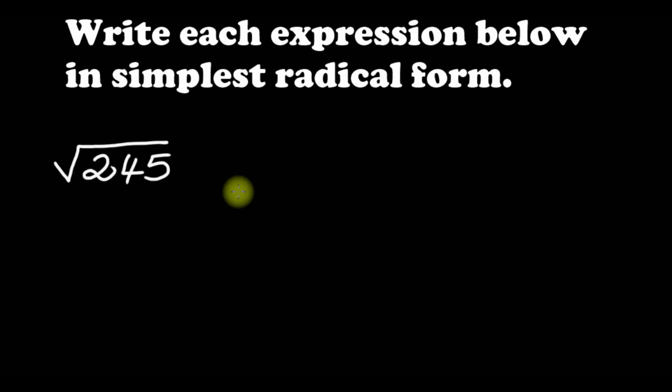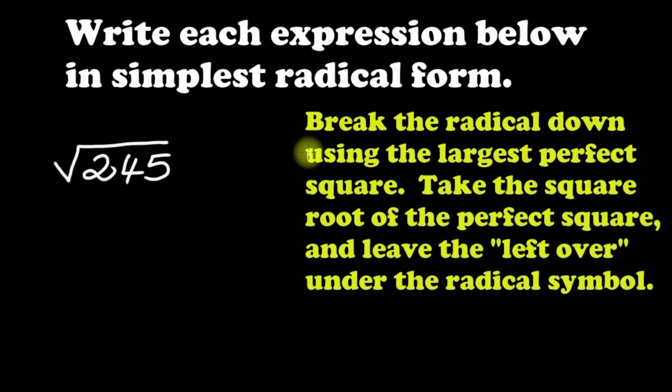So simplify the square root of 245. Now to simplify a square root is to break this down into simplest form. Here's how we're going to do it. To simplify this, we're going to break the radical down using the largest perfect square. And then we're going to take the square root of that perfect square, and we're going to leave the leftover underneath the radical sign.